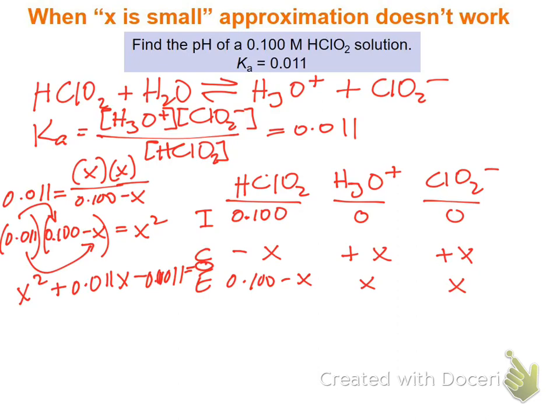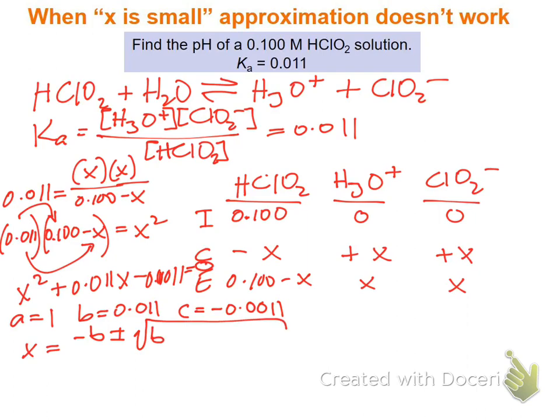So now we have our quadratic equation, right? So a here is equivalent to 1, b is equivalent to 0.011, and our c here is equivalent to negative 0.0011. And so we can plug this into the equation: x equals negative b plus or minus the square root of b squared minus 4ac, divided by 2a.